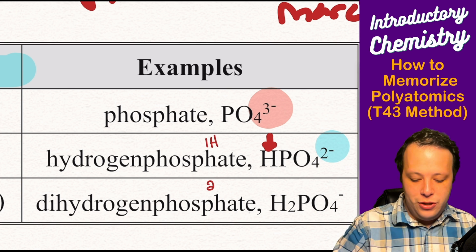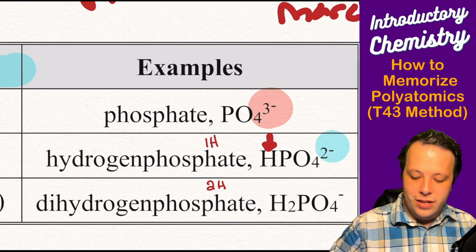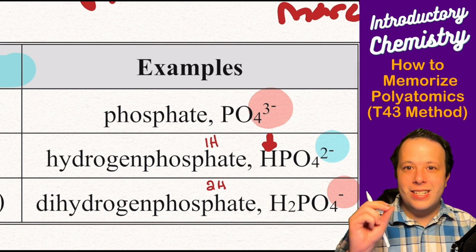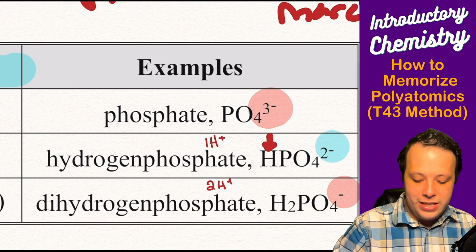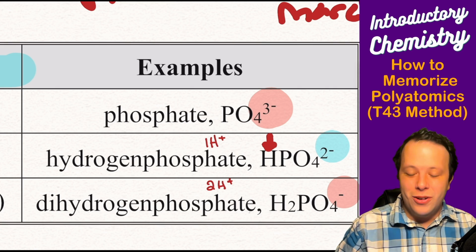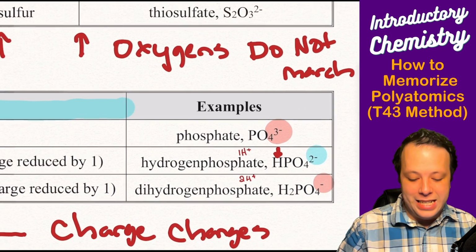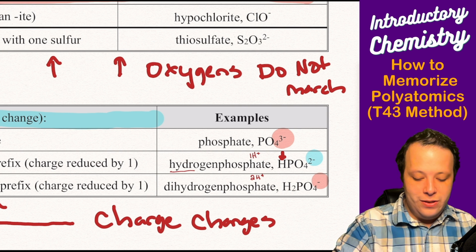Now, what about 2 hydrogens? Once again, if I do 2, it's now -1. Every time you add a hydrogen, it offsets the charge by 1, 2, 3, 4, or however many you add. The naming changes too. When you add a hydrogen, we just say the word hydrogen in front.